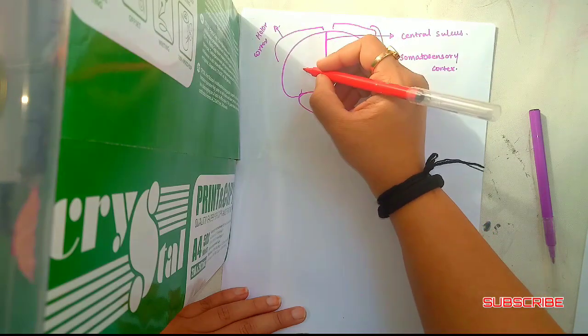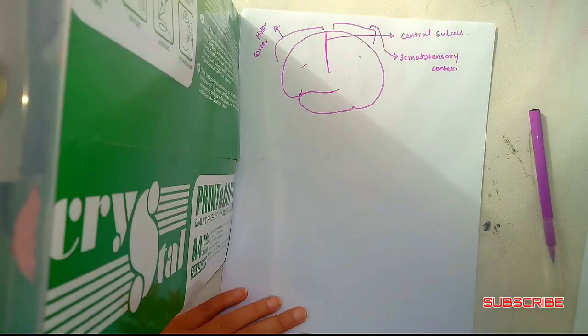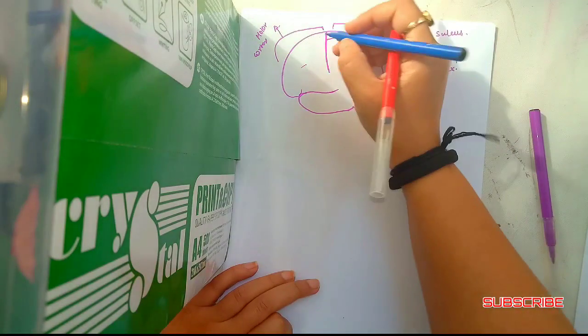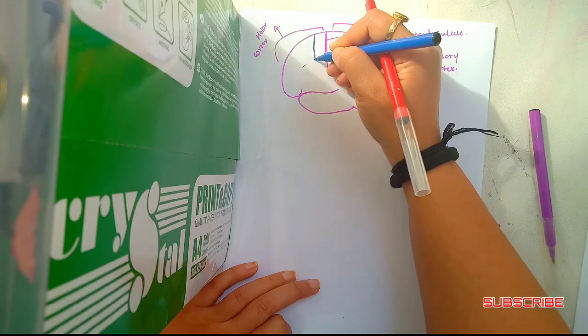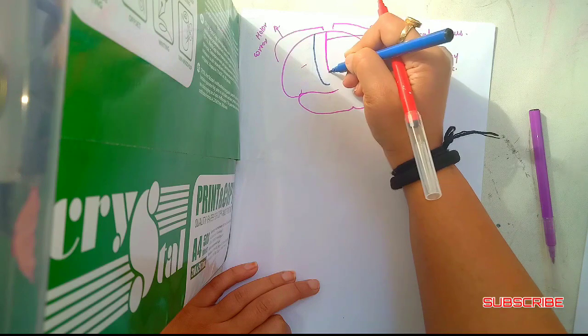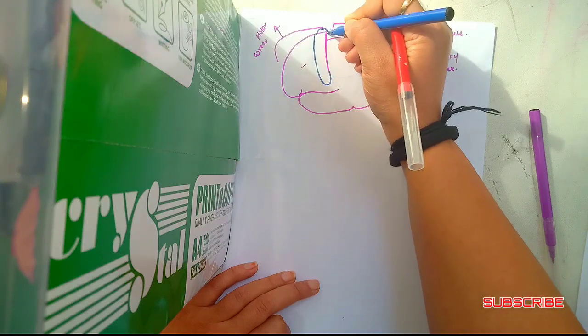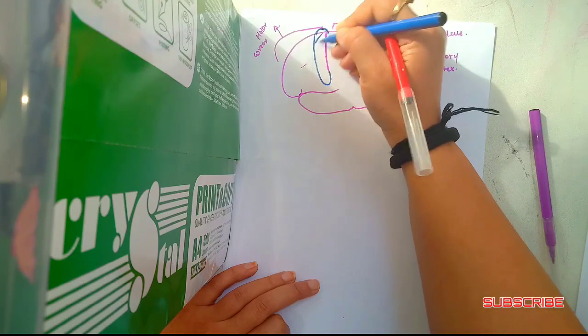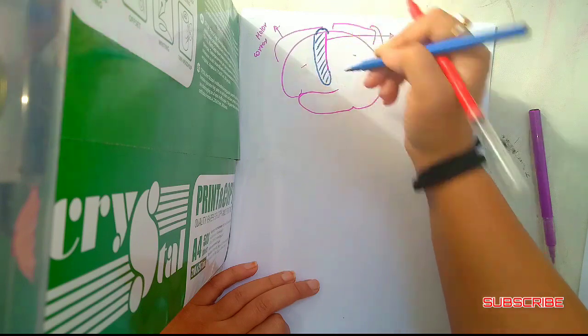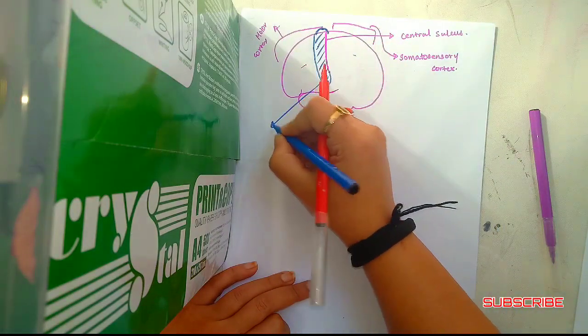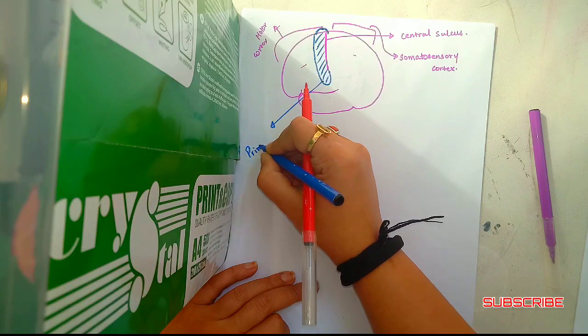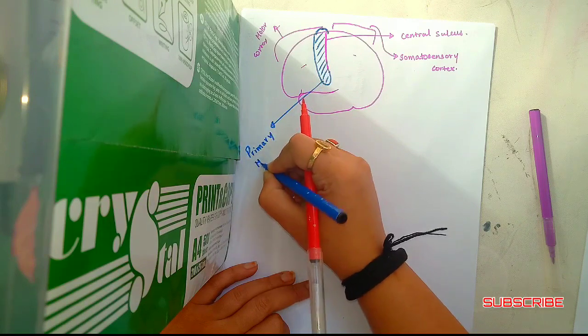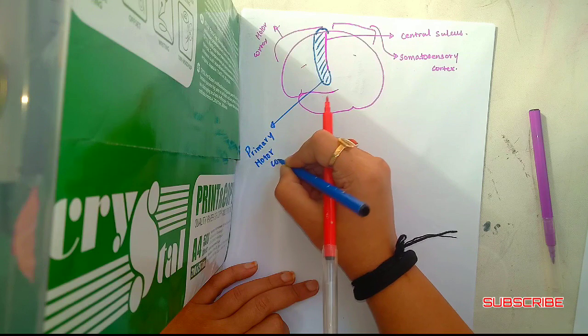Let me draw this, and it goes medially. This whole part is known as the primary motor cortex.